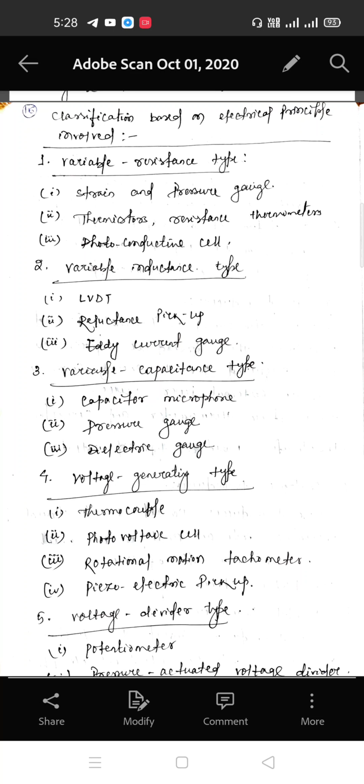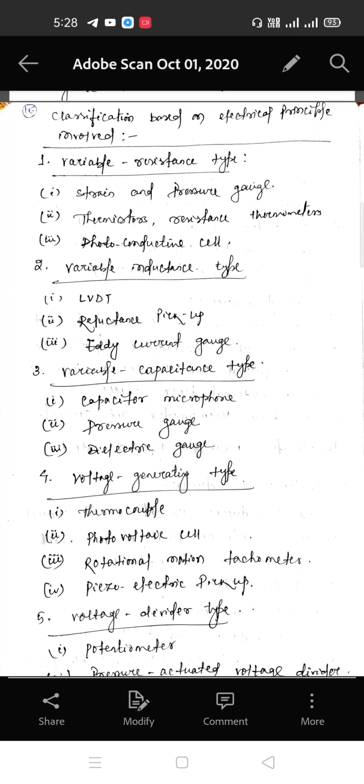In variable resistance type there are three categories. One is strain gauge and pressure gauge, the second is thermistors and resistance thermometers, and the third is the photoconductive cell.